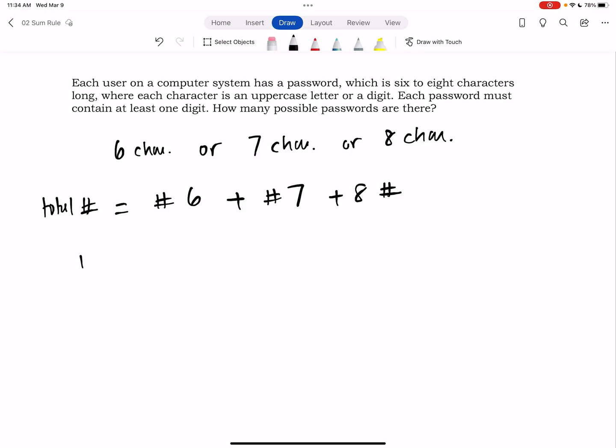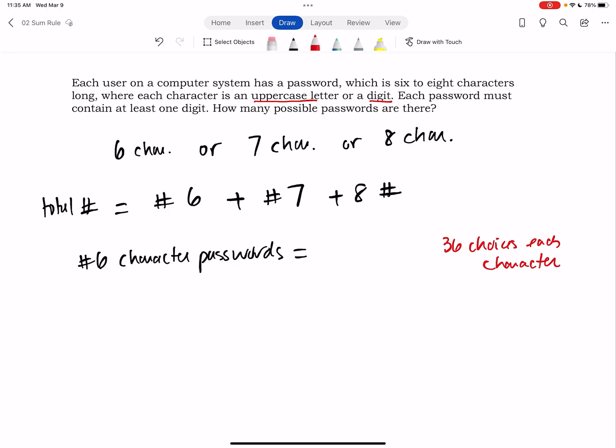Okay, so to find the number of 6 character passwords, we want to think about what does a password have to look like. It says each character is an uppercase letter or a digit. So an uppercase letter or a digit. That means there's 36 choices for each character because 26 letters and 10 digits. Each password must contain at least one digit. So the way I'm going to do it is I'm going to say, I'm in the 6 character password.